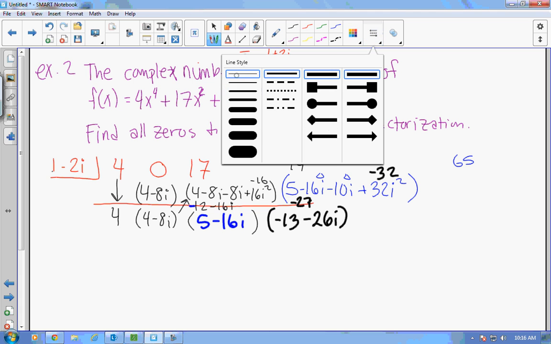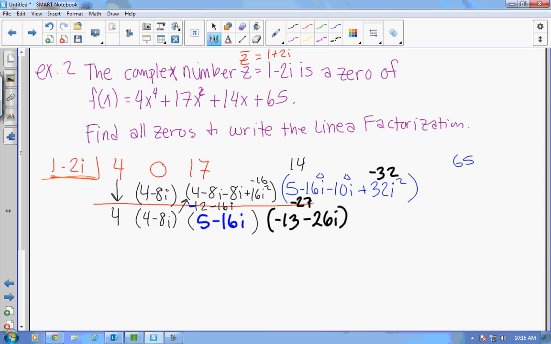Okay, one more time. Positive 1 times negative 13 is negative 13. Positive 1 times negative 26i. Negative 2i times negative 13. Negative times negative will make a positive. Oh, I skipped. I didn't do the 1 times. No, that's right. Negative 2i times negative 13 is positive 26i. Yay! Cancel, cancel. How nice.